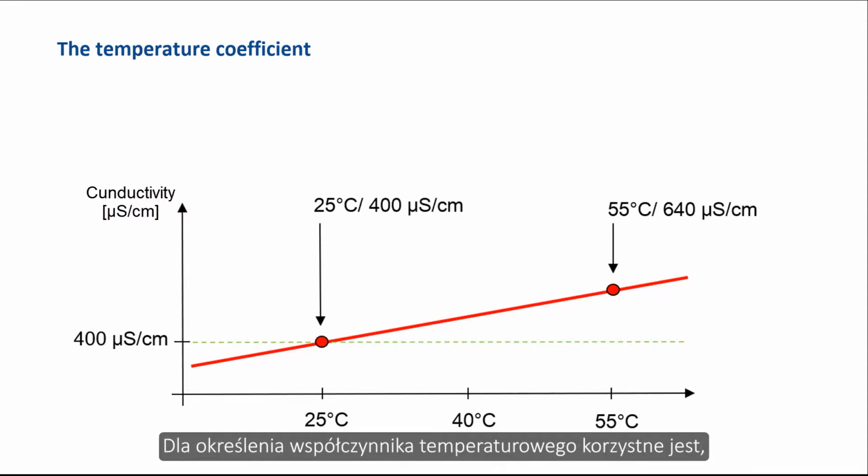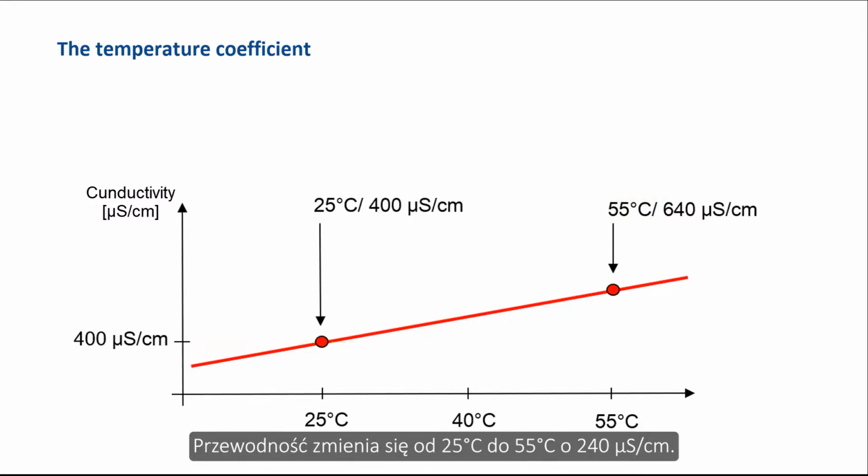For the determination of the temperature coefficient, it is advantageous if the uncompensated conductivity is known for the typical process temperature and for the reference temperature. In the example, the typical process solution temperature is 55 centigrade. The conductivity changes from 25 centigrade to 55 centigrade by 240 microsiemens per centimeter.